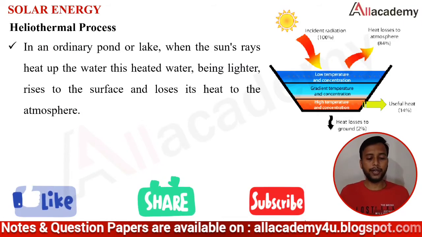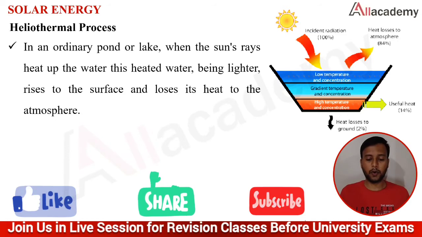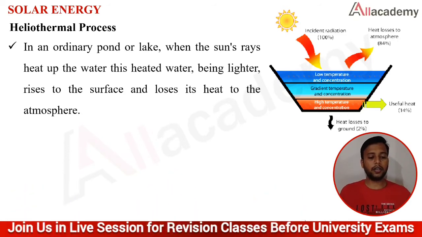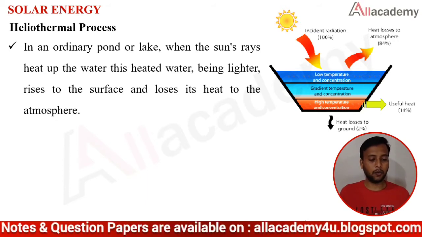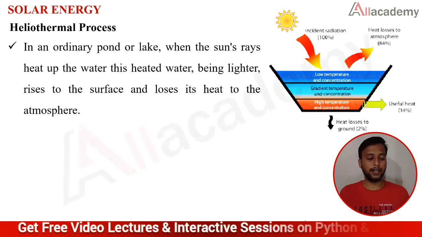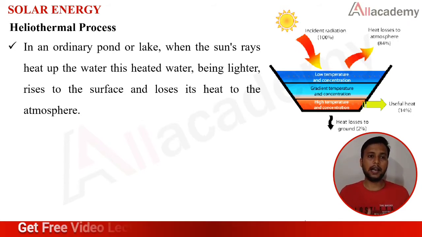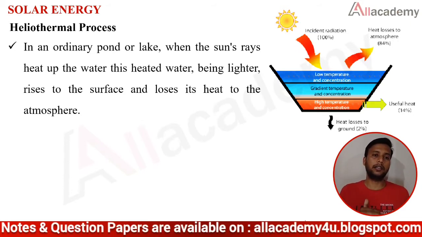Now let us see how the solar pond works. In ordinary ponds or lakes, when the sun rays heat up the water, this heated water, being lighter, rises to the surface and loses its heat to the atmosphere. Obviously, when you heat anything, its density decreases. As the density decreases, the lower density liquid comes upwards and the higher density liquid comes downwards.